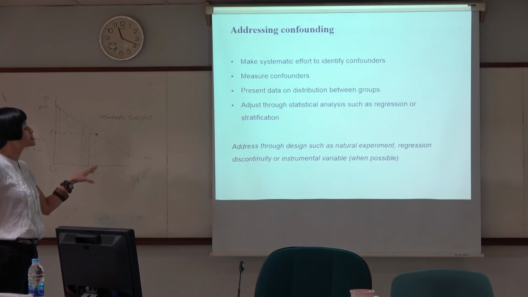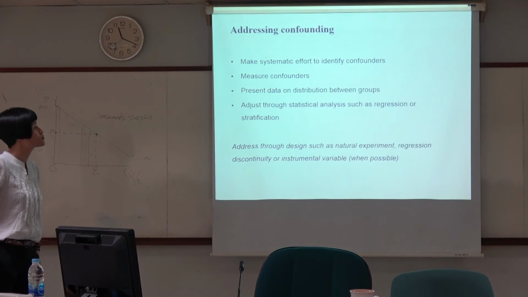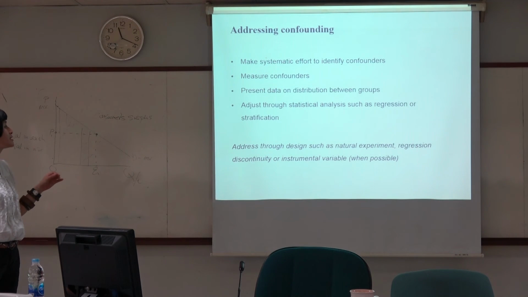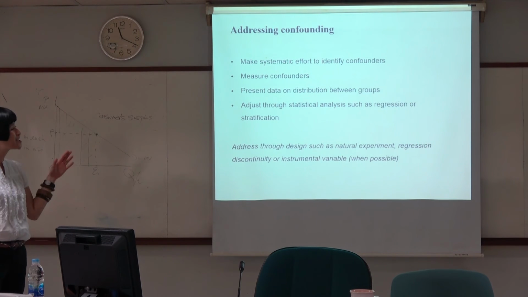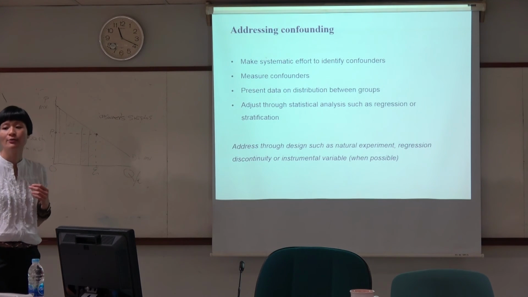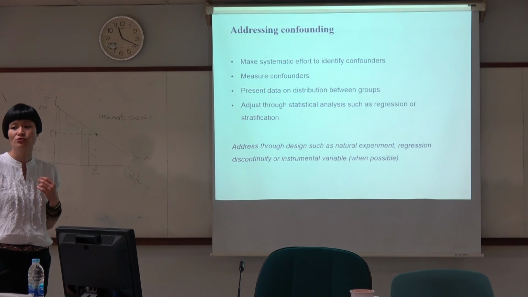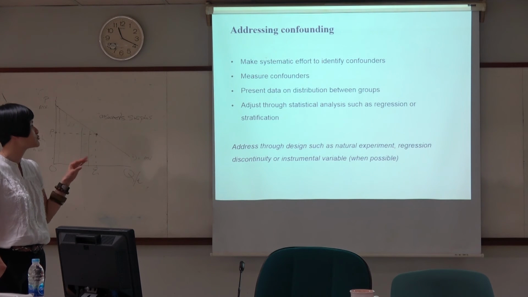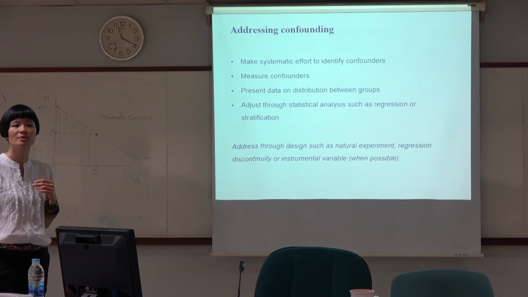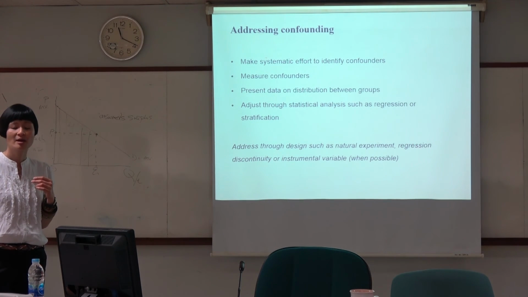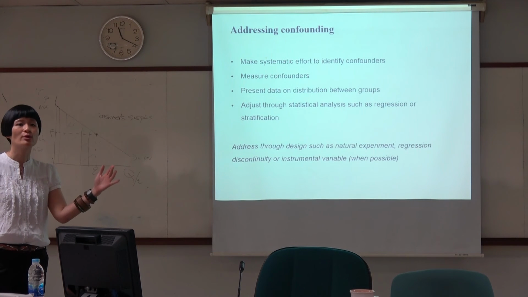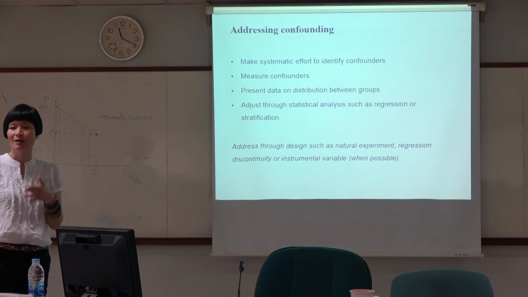And there are other study designs that try to address this. So natural experiment, regression discontinuity, or the use of instrumental variables. These are more advanced statistical techniques for adjusting for confounders. And it's typically used in public health interventions where it's almost impossible to do randomized control trials. Natural experiment and regression discontinuity are very commonly used in evaluating public health interventions, where what they normally do is look at before and after.